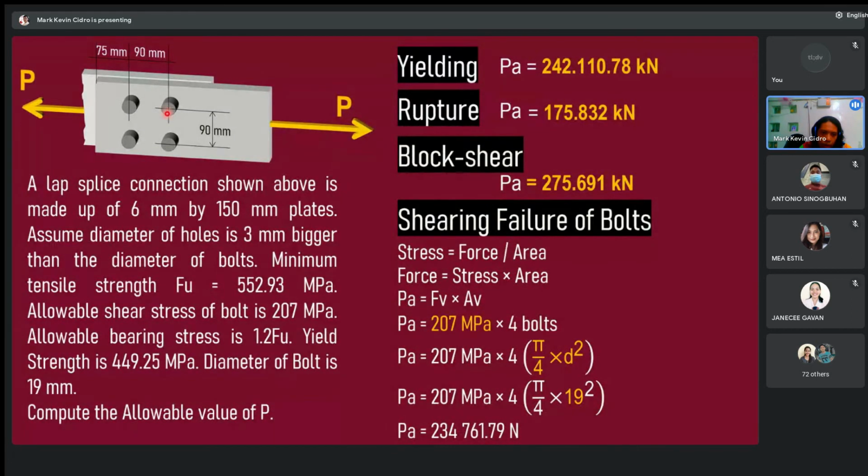Ano nga area iton? And that area is parallel to the force applied. That's why it's called shearing. Because shearing nga permit area nga force parallel to each other. Okay? Nag-shear off nga bolt.